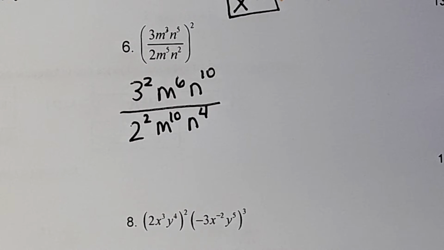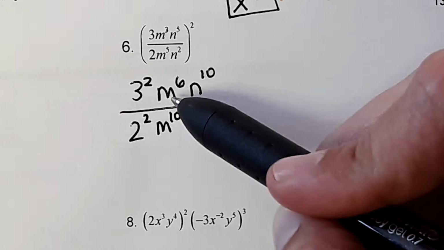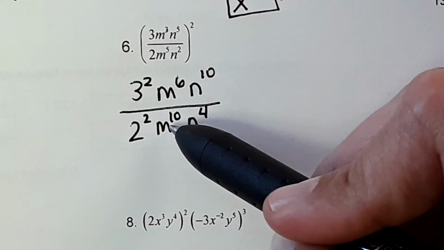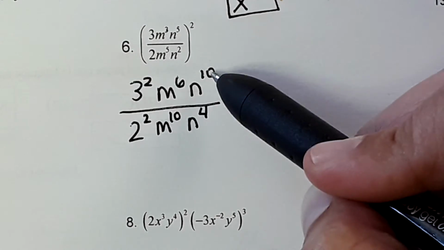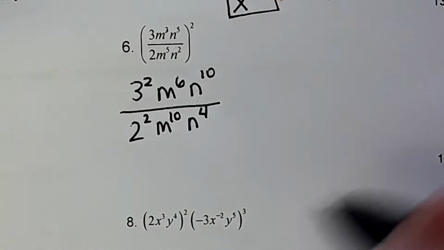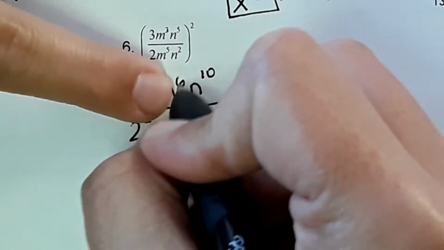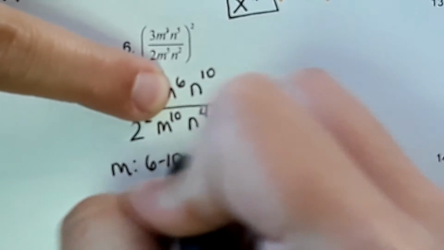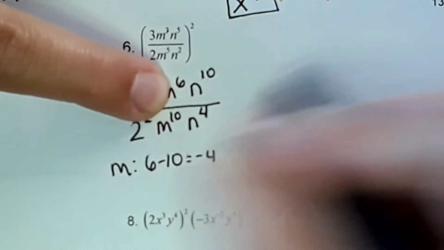Okay, what next? We're going to take it one step at a time. We do need to simplify this m to the 6th and m to the 10th. That can simplify here, and so can this. So for the m's, we can do 6 minus 10 to get -4.